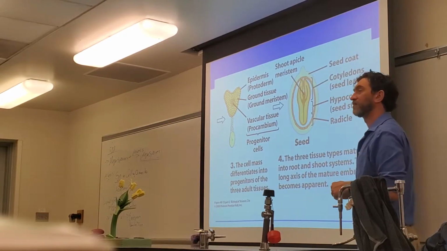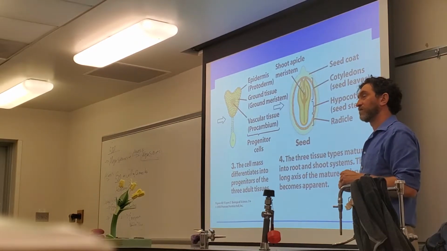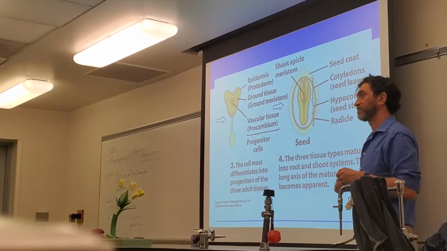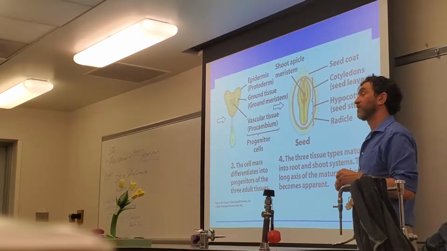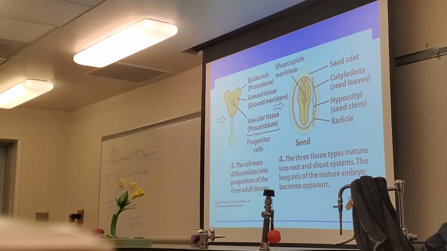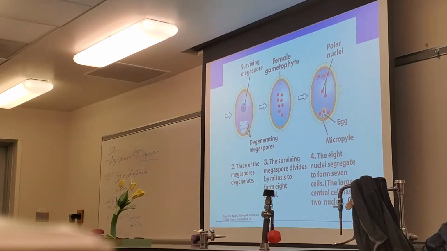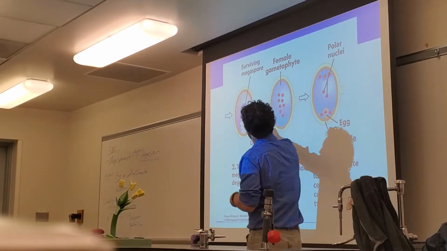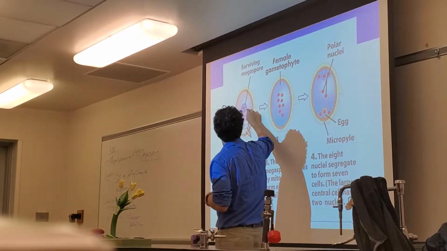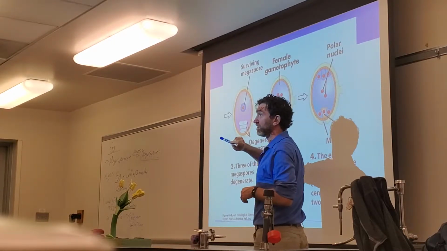Question. So earlier you said there's going to be one surviving, is that the one that's going to be 8 in number? So there are 8 nuclei, but only 7 cells. So this divides, goes through meiosis, produces 1, 2, 3, 4, 5, 6, 7, 8 nuclei.